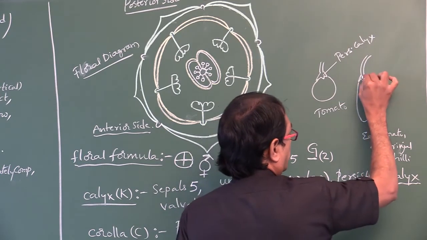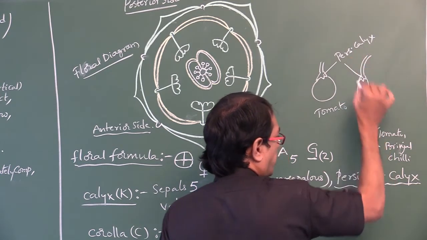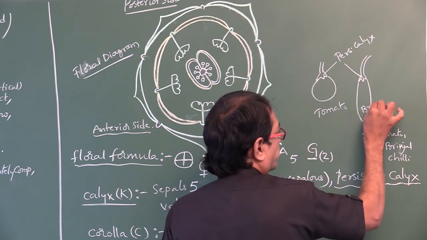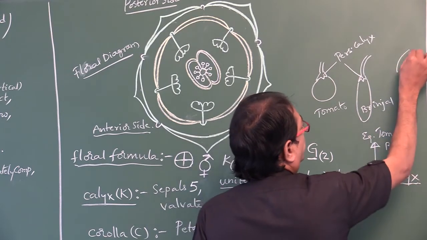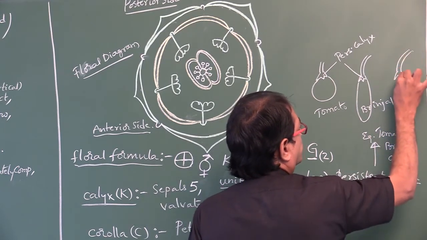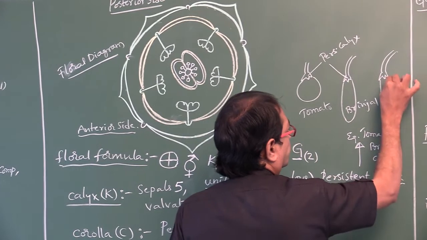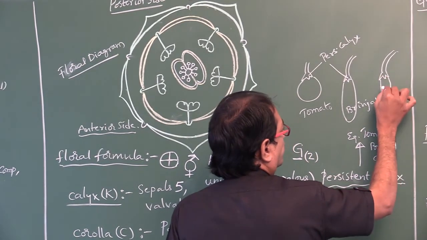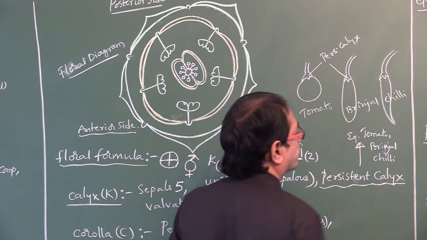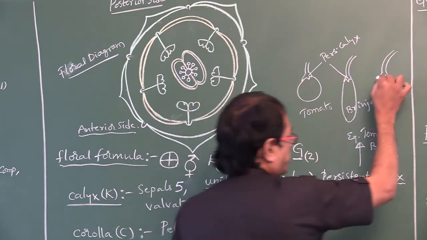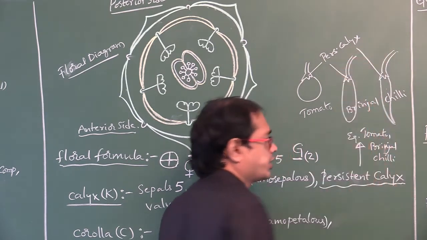This is the persistent calyx in tomato, this is brinjal, and this one is chili. So this is the persistent calyx.